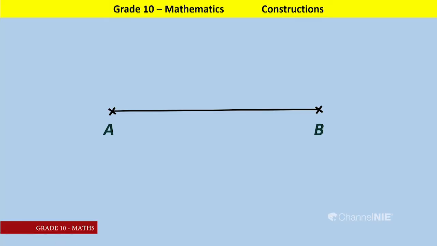Locus of a point moving at an equal distance from the two fixed points, A and B. Let's join this AB and find the locus. Here you can see each and every point is equidistant from A and B.